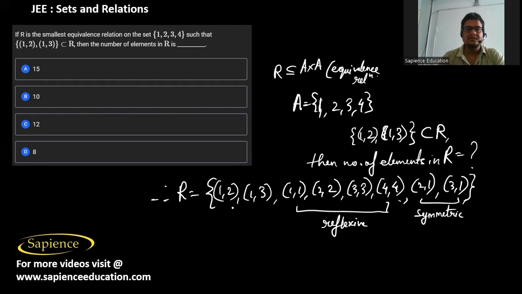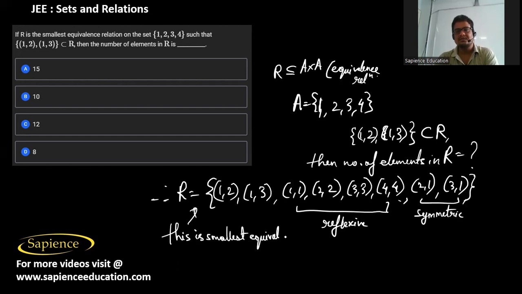So therefore this is the smallest equivalence relation on the set A.